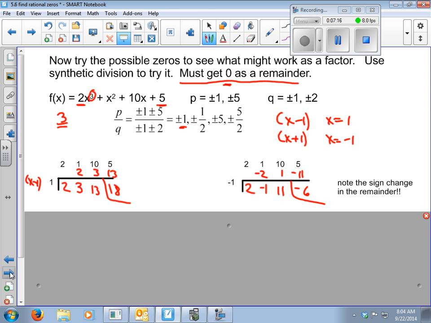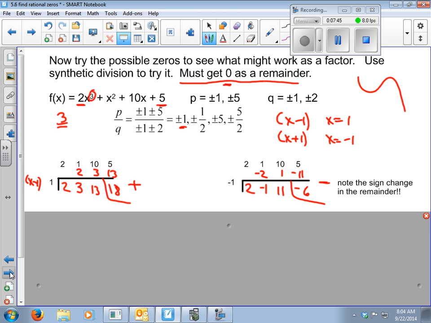But now I want you to notice that we had a sign change in our remainder numbers. This number was a +18. This number was a -6. A positive number versus a negative number means that in between 1 and -1, someplace it had to cross the graph. If you think about what this equation is doing, this is a third-degree equation. It's looking like this on a graph.